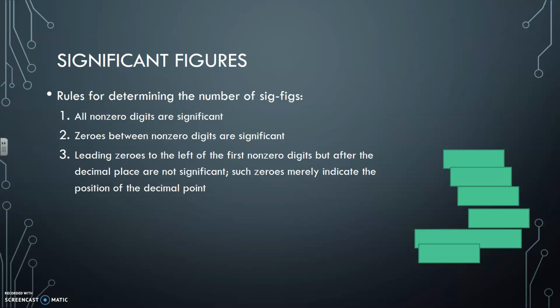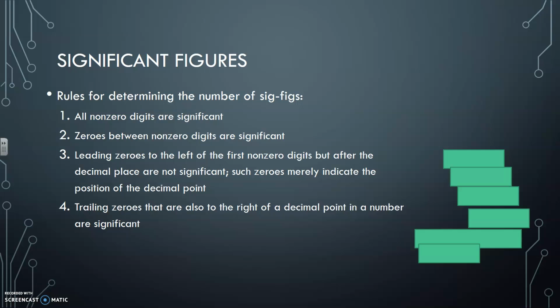Those leading zeros that are between the decimal point and the first non-zero number are not significant. Yeah, I'll show you some more stuff about this in class because it's a little bit easier to talk about in person. Trailing zeros. This is where it gets a little bit different.